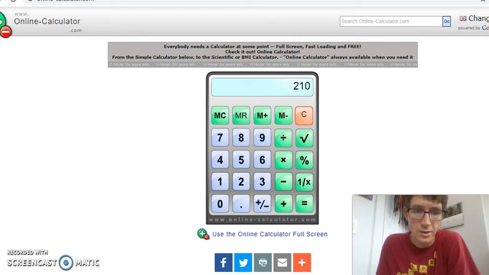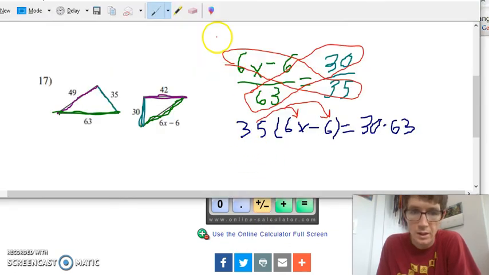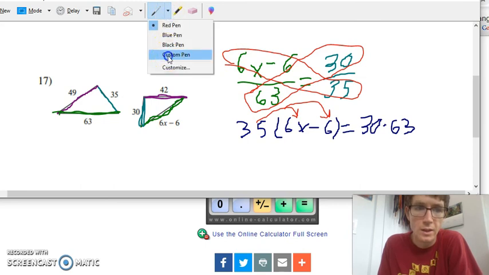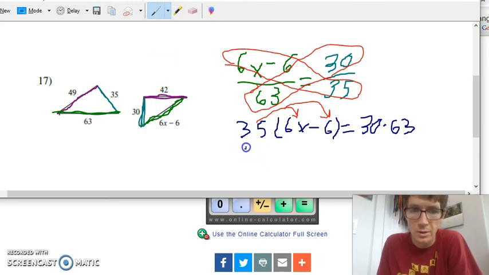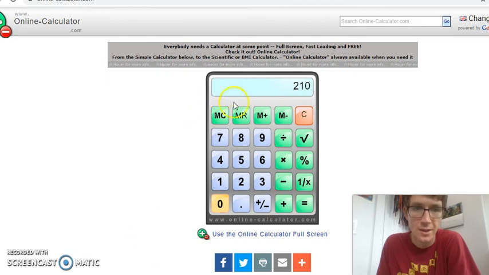So right here we have 210x minus 210. And what's 30 times 63? Let's figure out what that is. 30 times 63 equals 1,890.